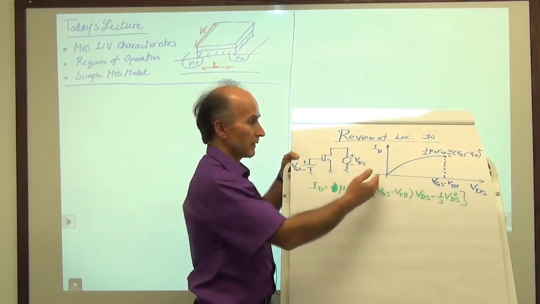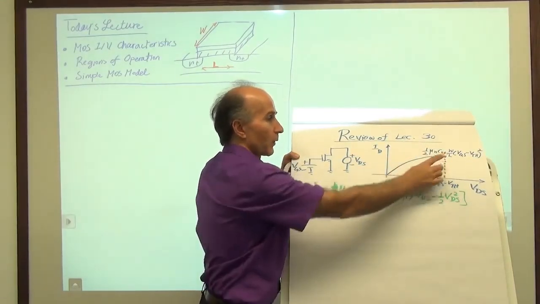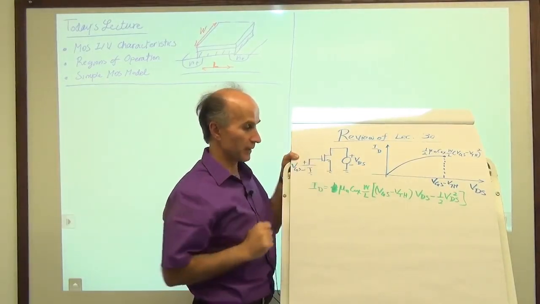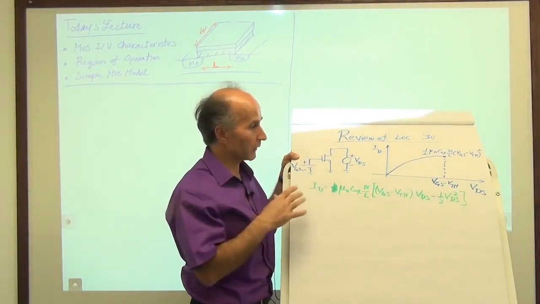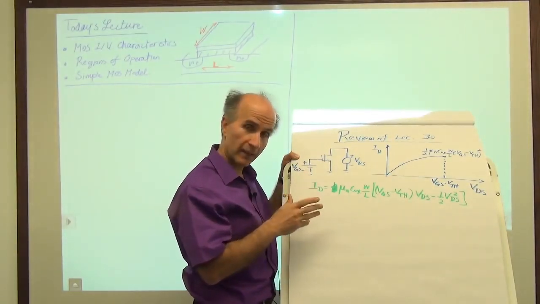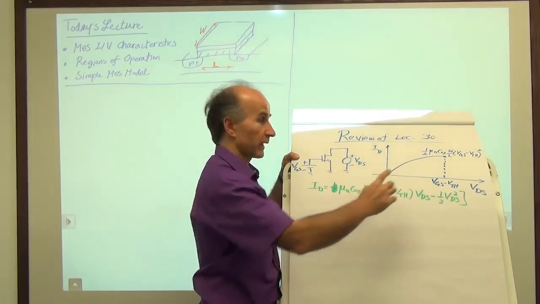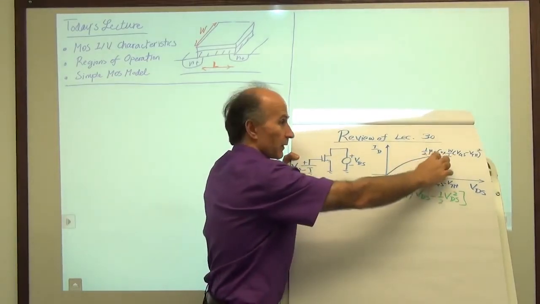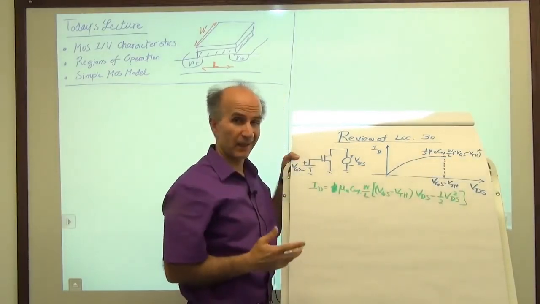So this is the current behavior up to this point, and in this case, we have kept VGS constant. Today, we want to study this more carefully, looking at some special cases and then also trying to see what happens after this point. If we follow this parabola, then after this point, the current should go down. And that doesn't sound very good.